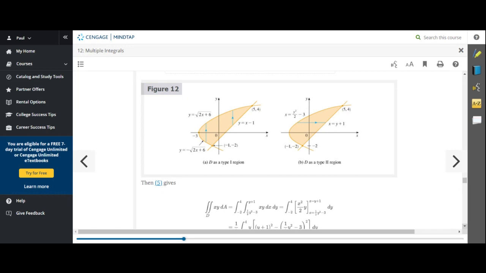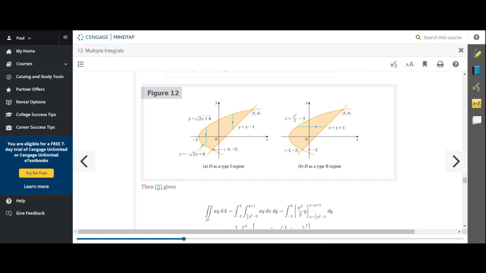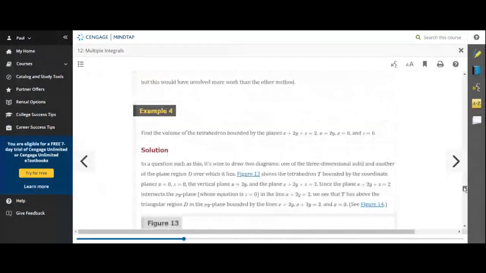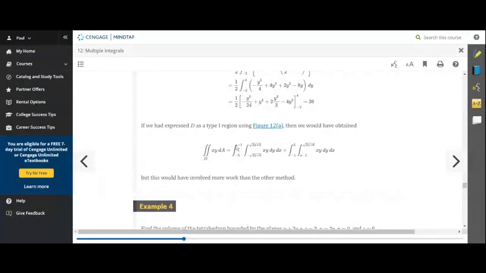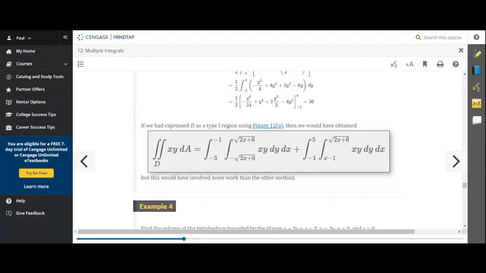So if you're going to compute the double integral and treat region D as a type 1 region, you're going to need the sum of 2 double integrals. This is what you would have to do if you treated this region as a type 1 region.